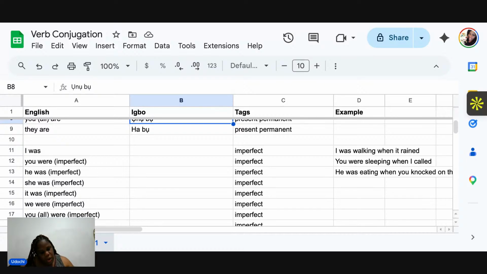Wow. Okay. Verb tenses. Here we go. Verb tenses, verb conjugation. Page 435.